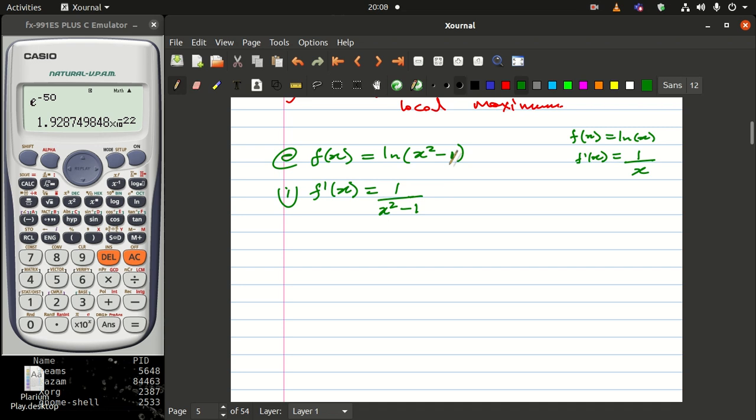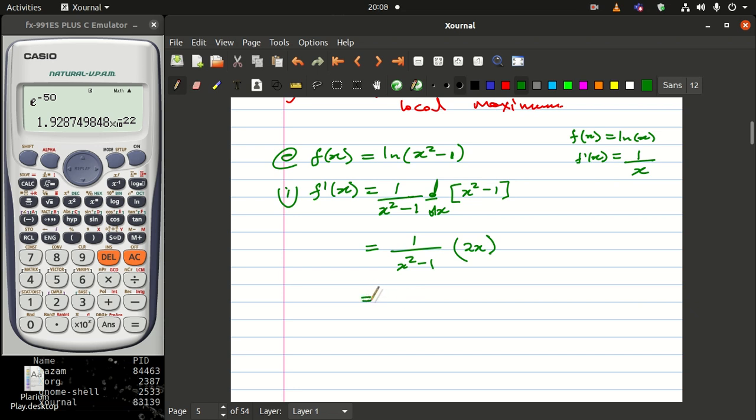So because what is inside here is not x, we want to multiply by the derivative of what is inside, which is x squared minus 1. And then once you do that, you can see that we have 1 over x squared minus 1 times the derivative of that, which is just 2x, and the derivative of that is 0.